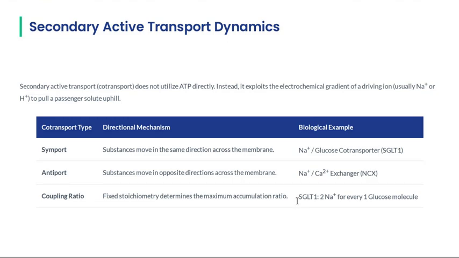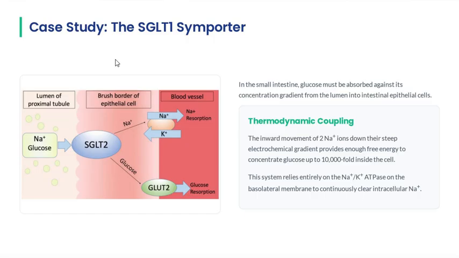So you can see the SGLT1. We're going to go into more of that with the case study. So in the small intestine, glucose must be absorbed against the concentration gradient from the lumen into the intestinal epithelial cells.